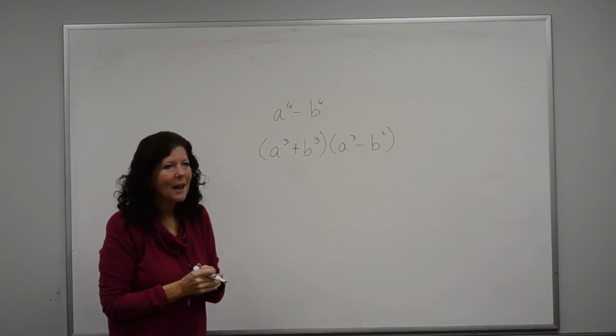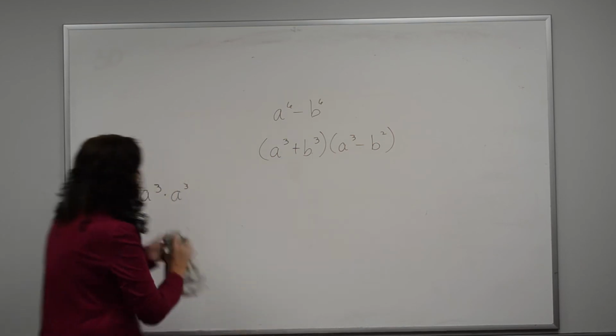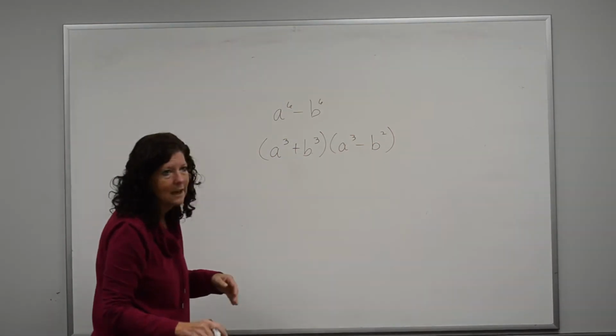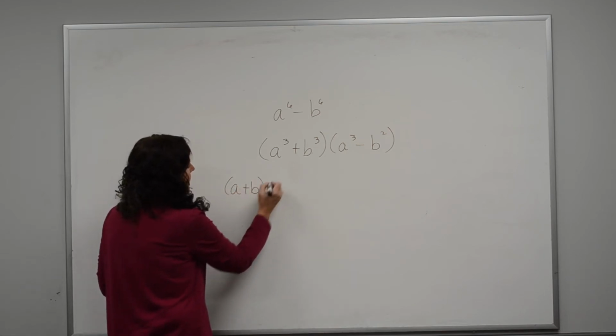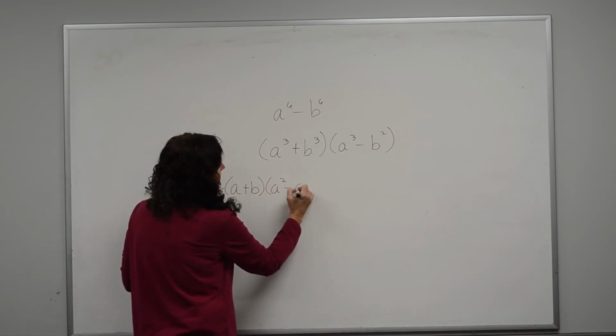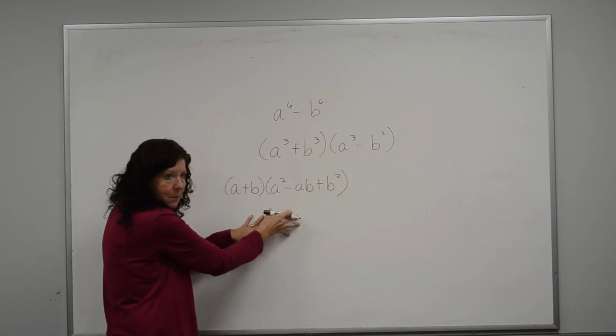Oh, shoot, yeah, this is the sum of cubes, and that's the difference of cubes. So this becomes way complicated in a hurry. So this is a plus b times a squared minus ab plus b squared. That's that one.